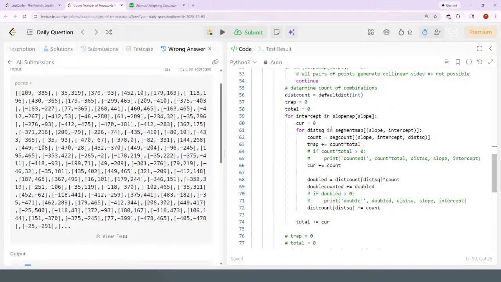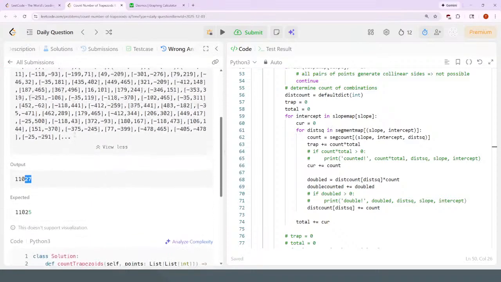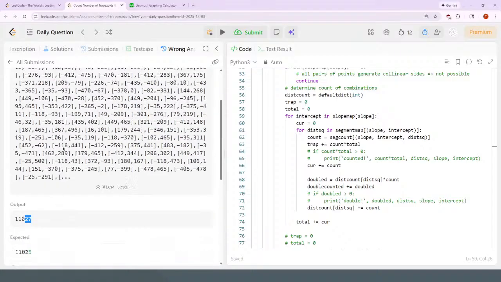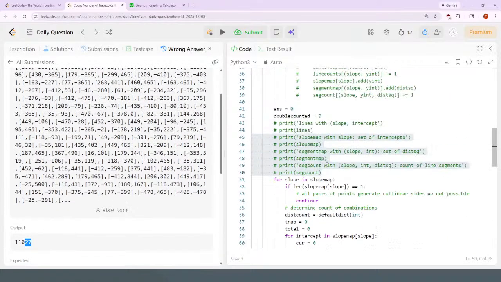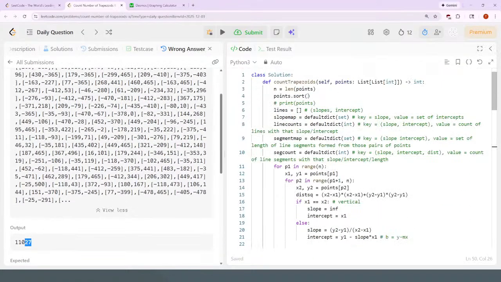Ah. Vertical lines handling. Let me go ahead and just print out this thing here.